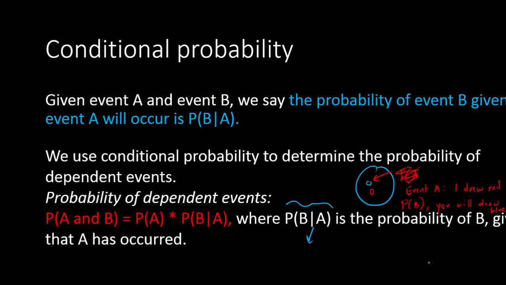Now it's pretty obvious that it's a 100% chance, right? So given that event A has occurred, the probability of B is 100%. We'll practice with this, just to get familiar with this notation. So again, this means the probability of B assuming that A has occurred.